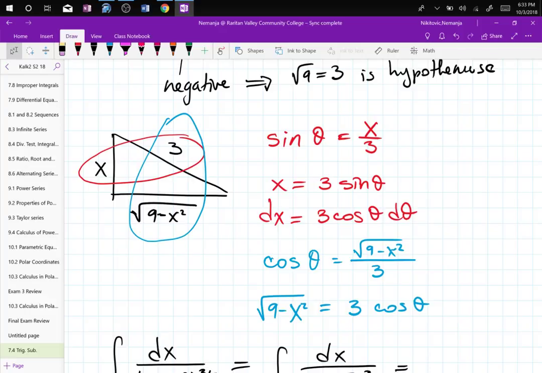Remember, anytime you have to do substitution, you have to go back to your original variable. You did that in u sub, you did that in all of the other ones, right? So you will have to do a lot more work to go back if you don't have the triangle. It's possible, but it's a lot of work.